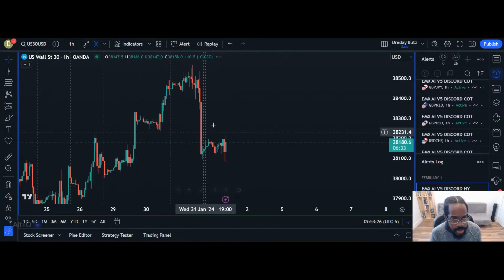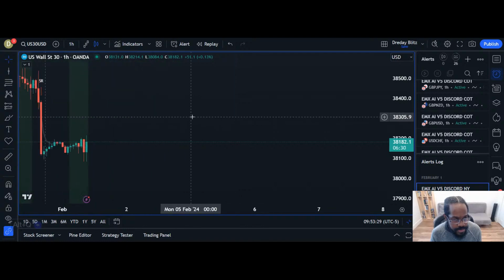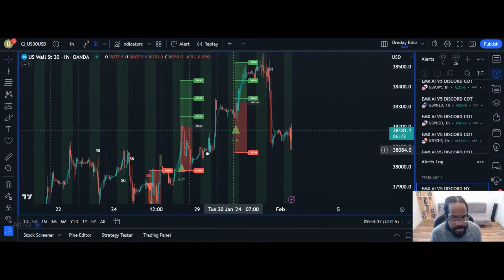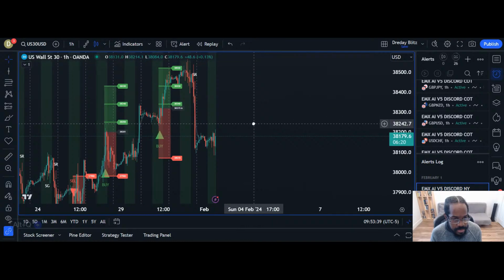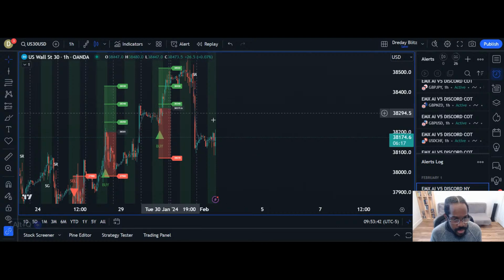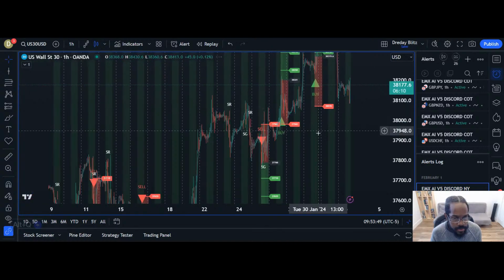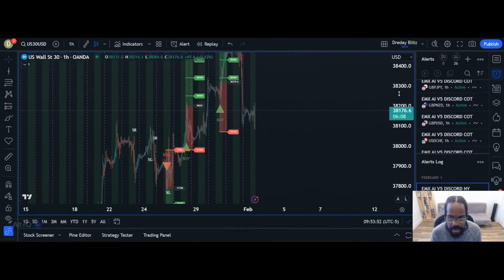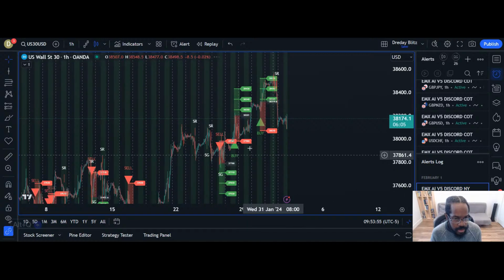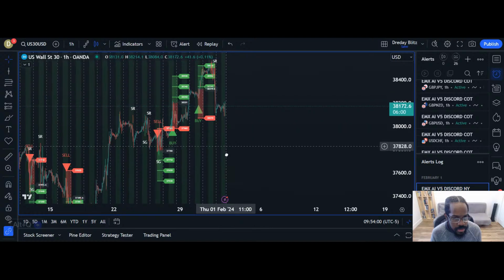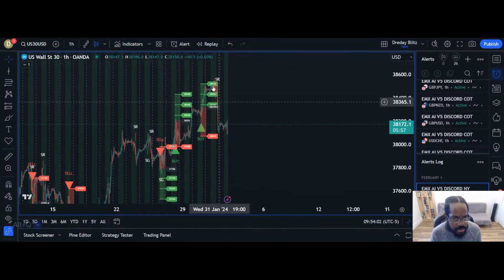Let's look at the H1. Yeah, so you do have a big fair value gap here. And it's starting to do basically a head and shoulder here off of the H1. If you look from afar, this is the shoulder, this is the head right here.